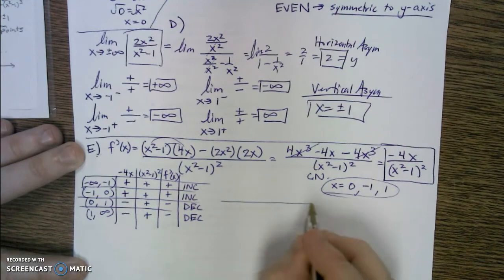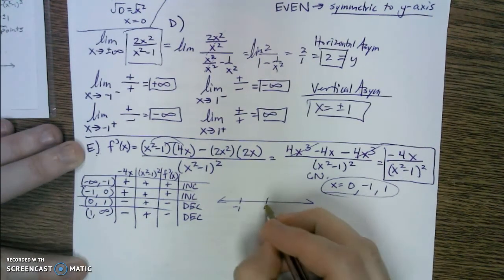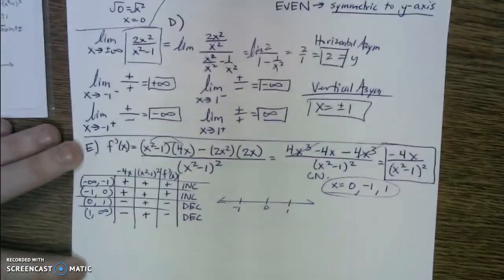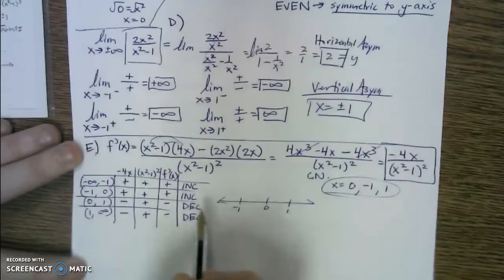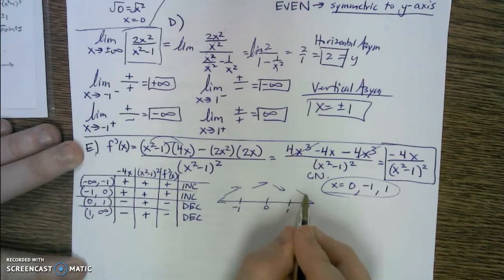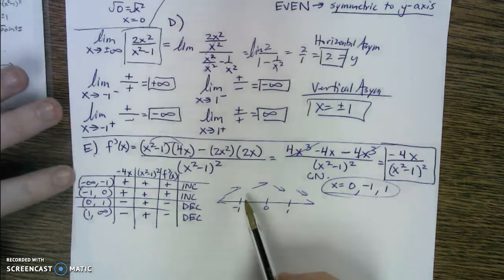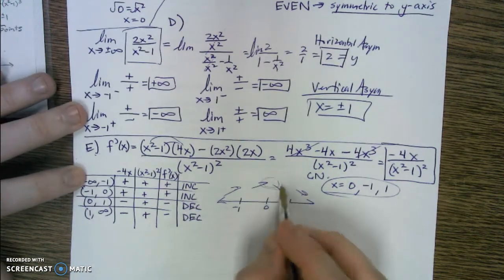If we want to make a number line, so we're going to see increasing all the way to 0, and then we're going to see decreasing after 0. All right, so we did increasing, decreasing. Now max and mins. So we see there's only a max or a min at 0.